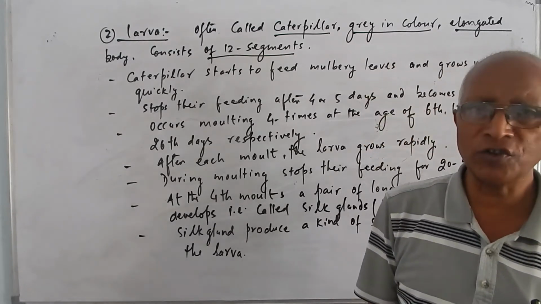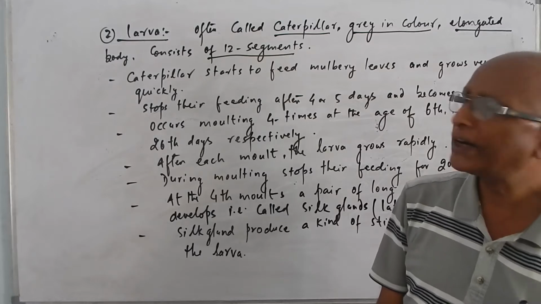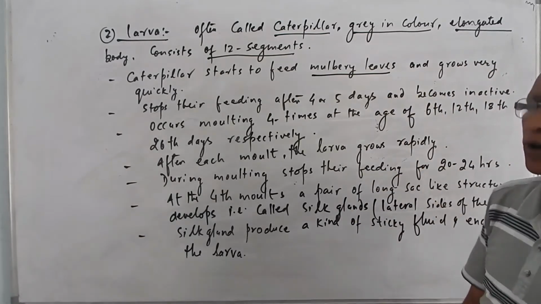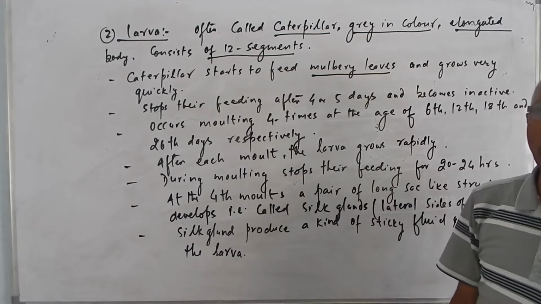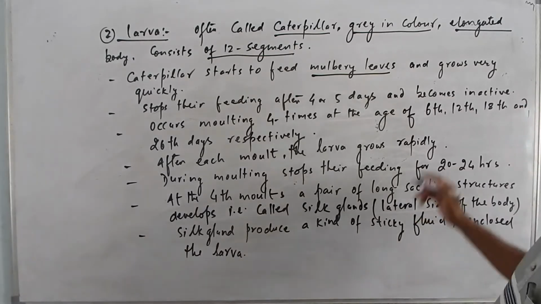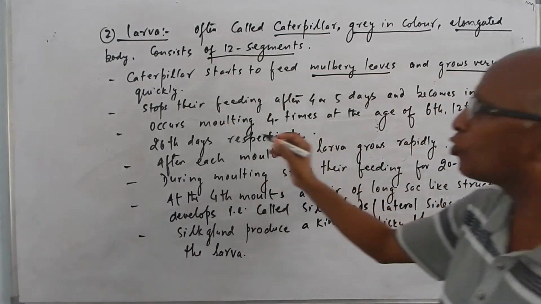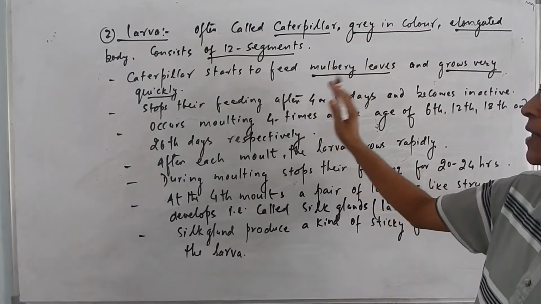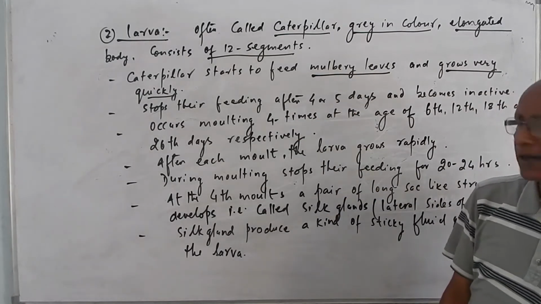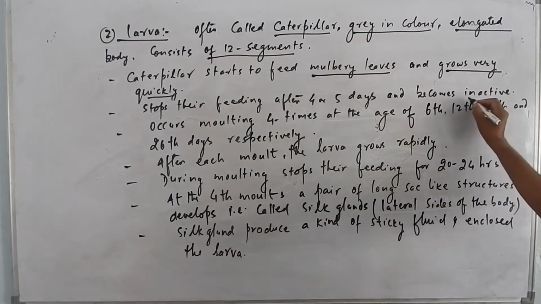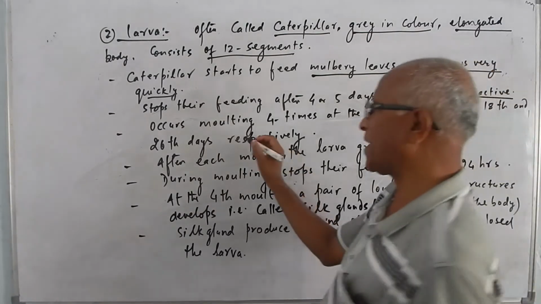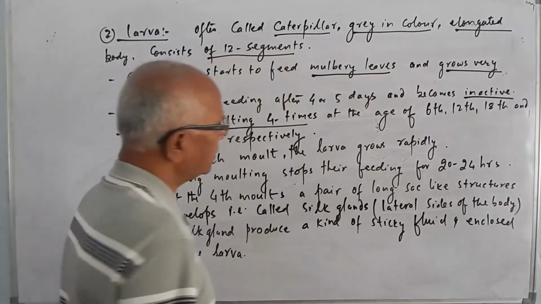For 3 or 4 days they eat greedily, and mulberry leaves are the main food of the silkworm, particularly Bombyx mori, and it grows very quickly. After that, after 4 or 5 days, they stop their feeding completely and become inactive. After the inactive phase, molting takes place.